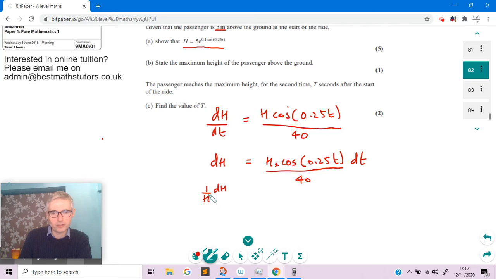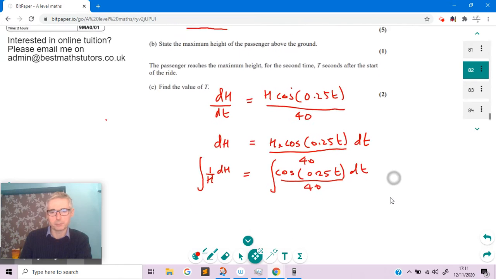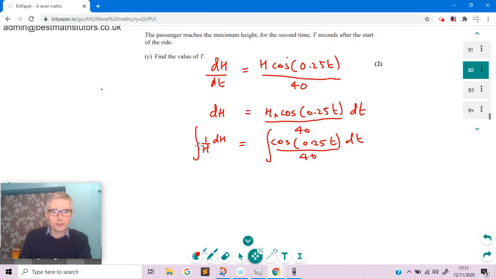Then I can put an integral sign on there, and do the same on this side: cos(0.25t) dt over 40, with an integral on this side too. So what I've got then is an integration problem, and all I need to do is integrate both sides of this.